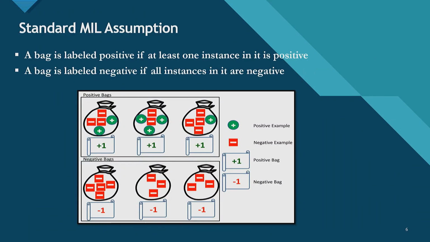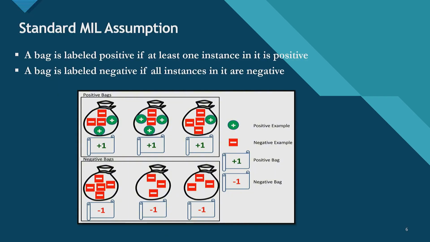You can see that a bag is labeled positive if at least one instance in it is positive. For example, here you can see there are different scenarios. In this one, we have 2 instances positive and 3 negative. Here 3 positive and 2 negative. So at least one must be positive for a bag to be positive, and a negative bag contains all negative instances.